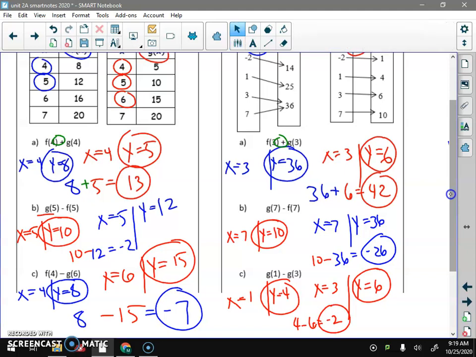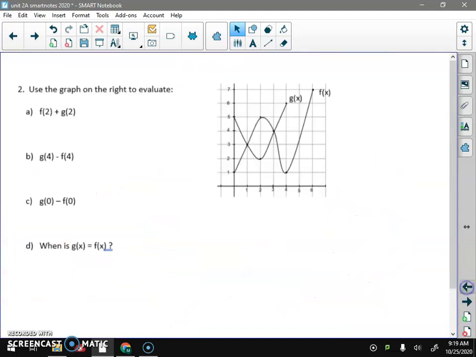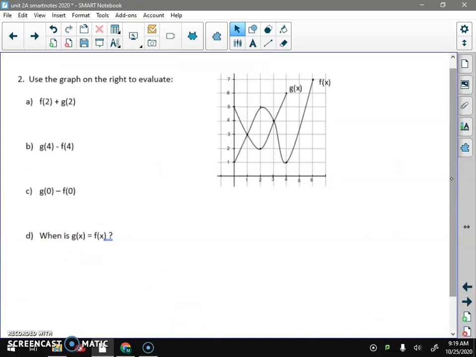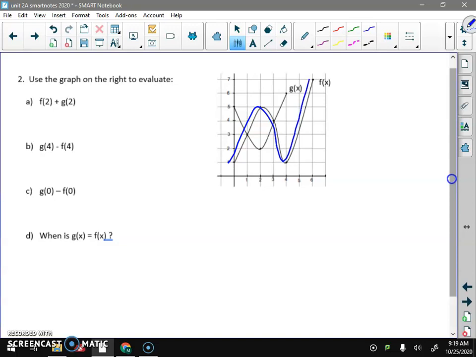All right, let's go back to that other graph one. We'll do 2 of these; we won't do them all. F of 2. F is the blue line, so I'm going to color this blue. And G is the red line. So when we say F of 2, we're getting the hang of this. Great wall, x equals 2.